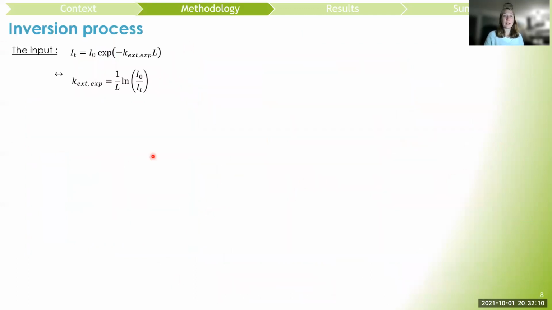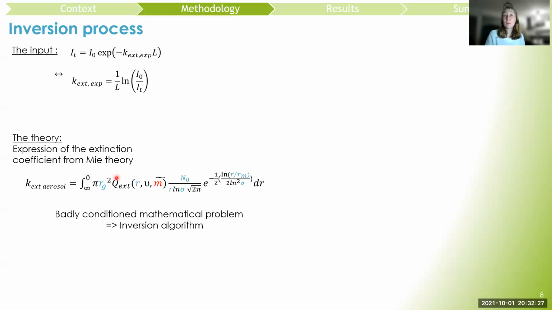Now, we will explain why we had to use an inversion process. At the beginning, the input is the extinction spectra. From the extinction spectra, we can get the extinction coefficient, and this extinction coefficient can also be calculated using Mie theory.